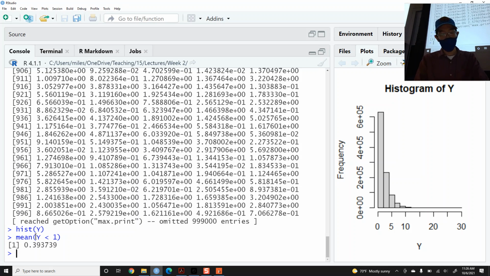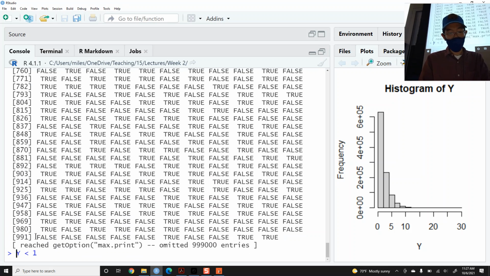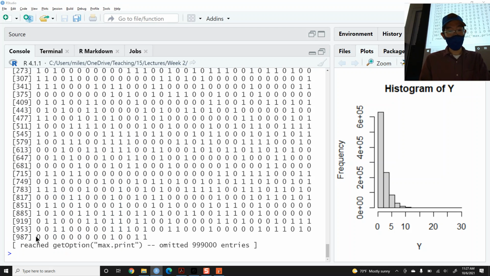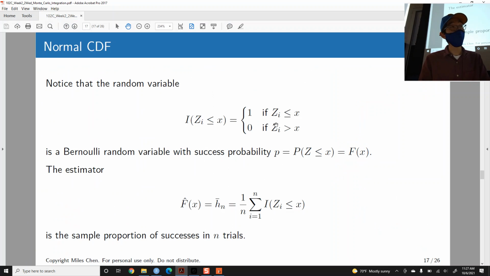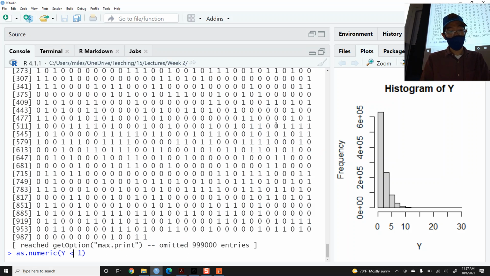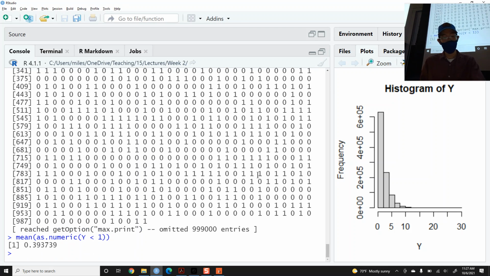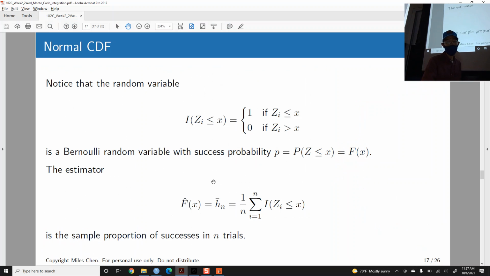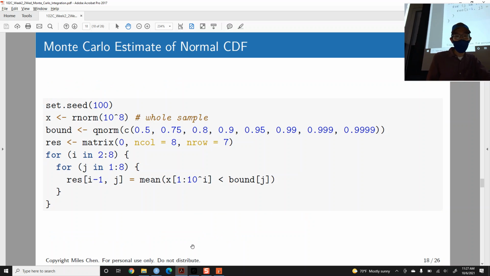Basically I'm asking for the mean of y less than 1, which gives a logical vector. R is coercing this; if I do as.numeric, we get zeros and ones, which is pretty much what the indicator function is doing. And then we're asking for the mean of this. So it's just the sample proportion of successes in n trials for whatever random thing we did, okay?